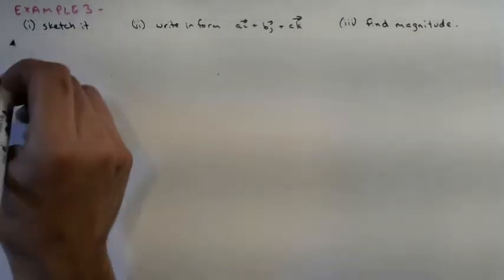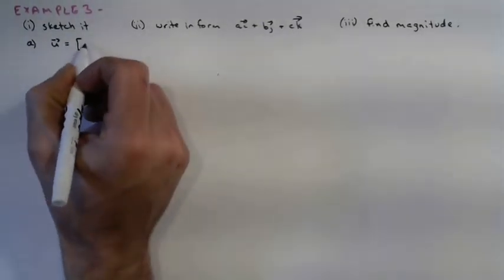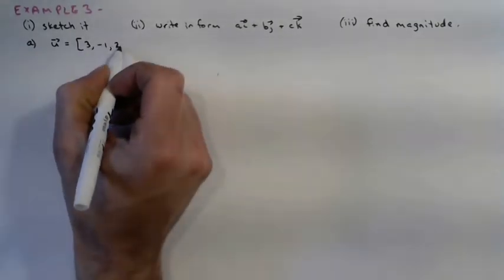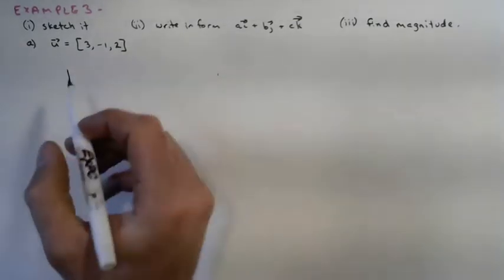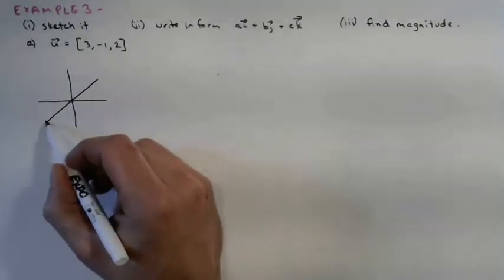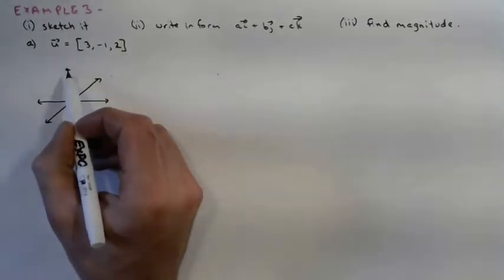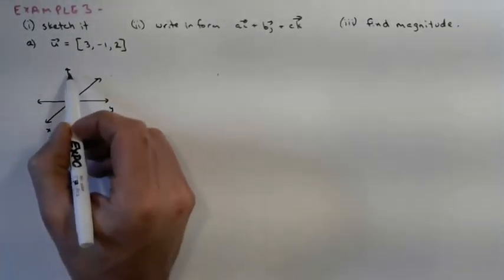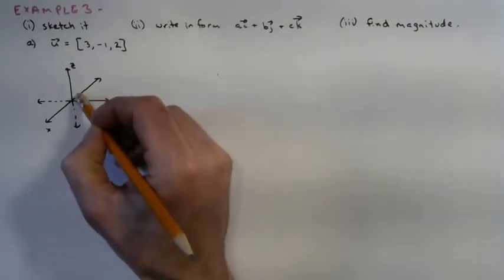All right. First one, vector u, 3, -1, 2. We've done some sketching already. I'll sketch this one, but I'm going to stop sketching them. X, Y, Z, negative, negative, negative.